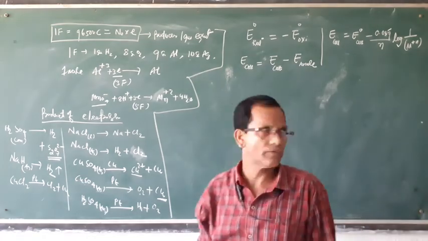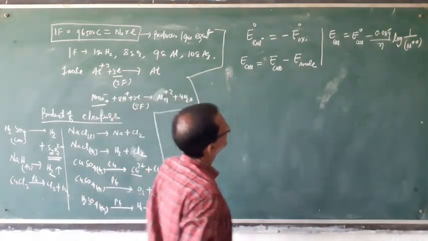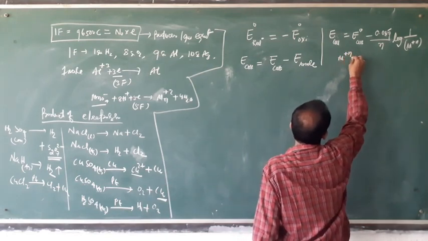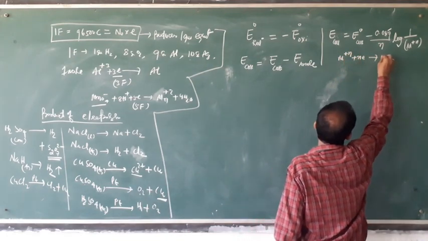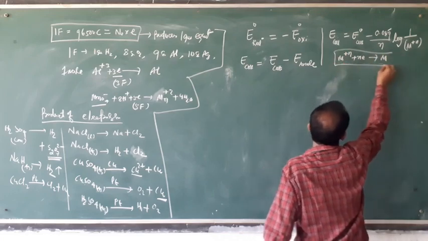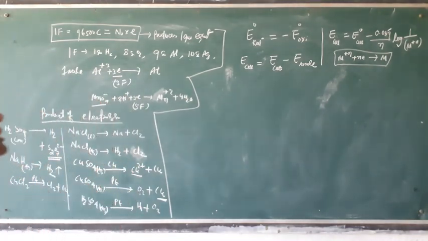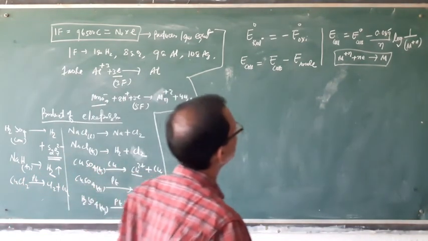This is very important for a half cell. The half cell means, let the cell be like this: M n+ plus n e changes to M. For this type of cell, the representation is E cell is equal to E naught cell minus 0.059 by n log 1 by M n+.